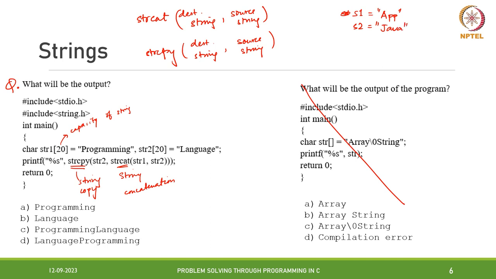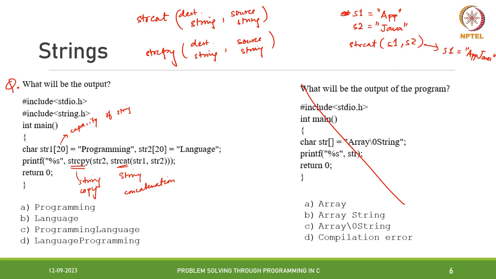Now I am writing strcat s1 comma s2. So what this means is s2 is the source string and s1 is the destination string, and concatenation means just adding it up. Okay. So what will happen from here is that s1 will become app Java.